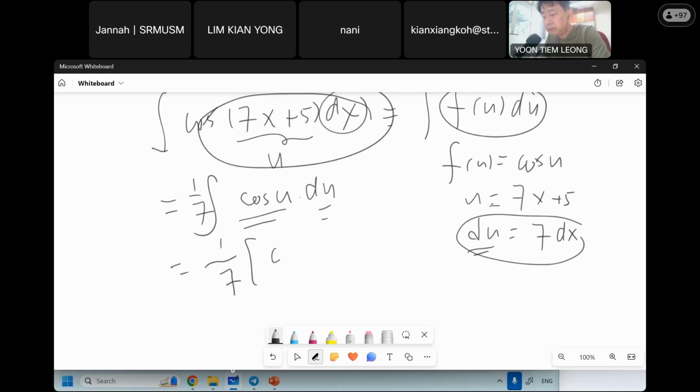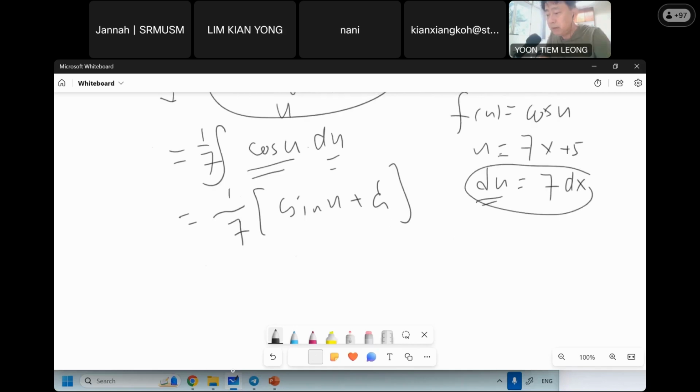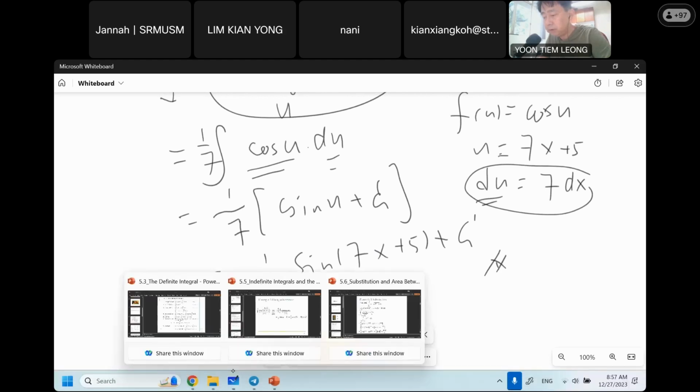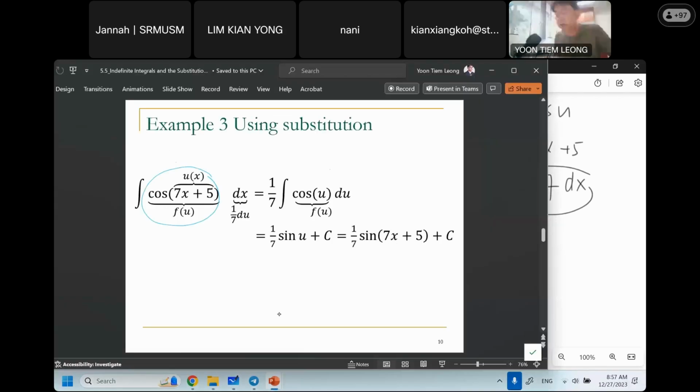It will be just 1 over 7 sine of u plus a constant c. So that is 1 over 7 sine of 7x plus 5 plus the constant. So that is the application of the substitution rule.